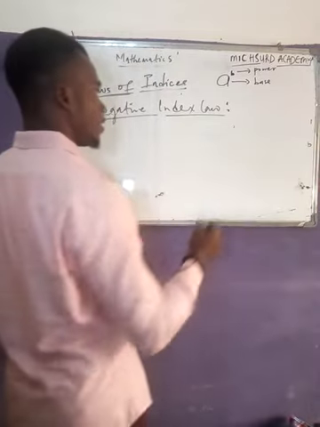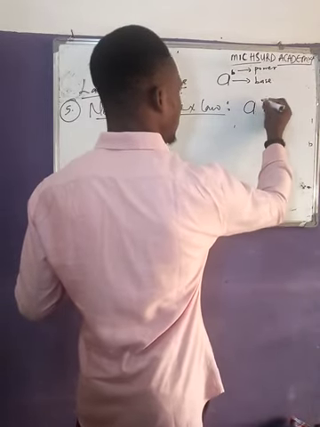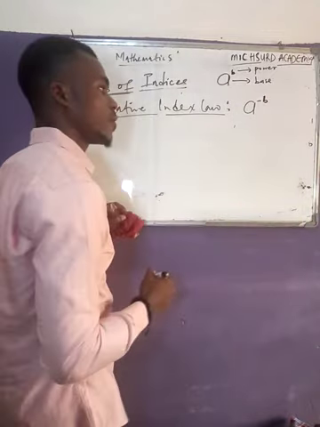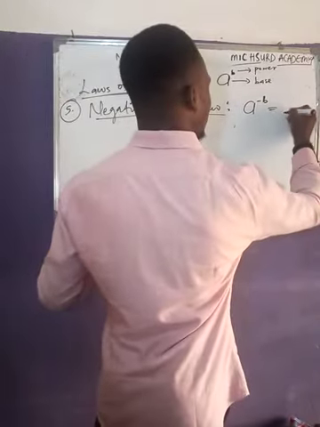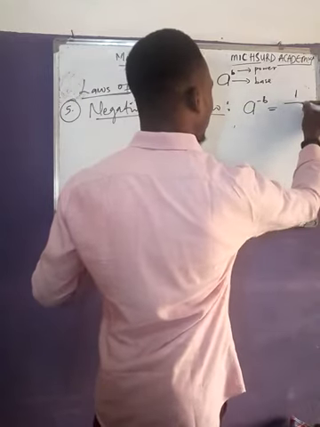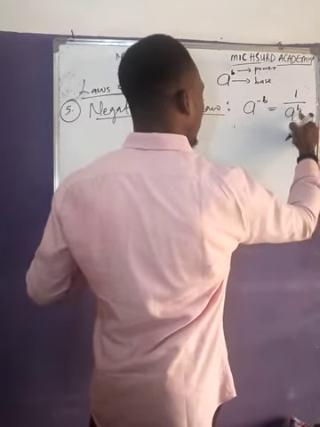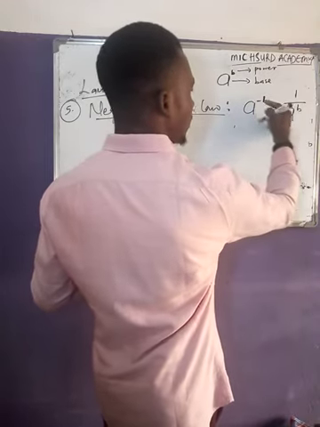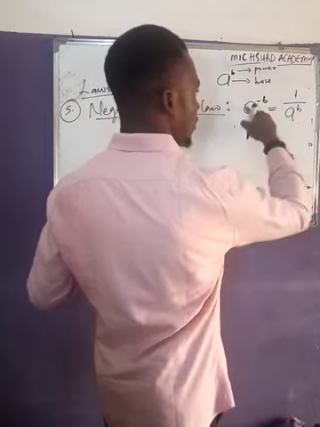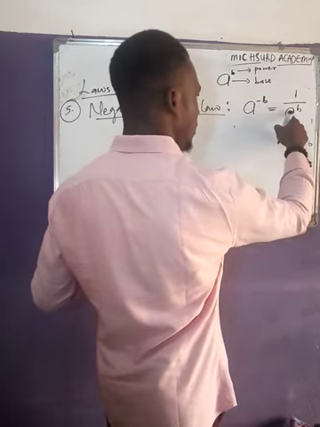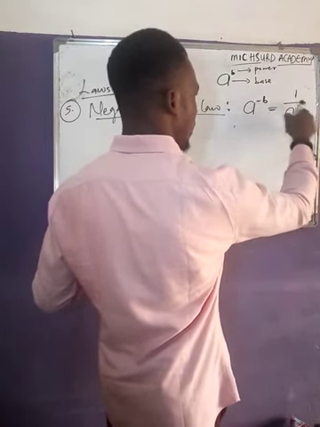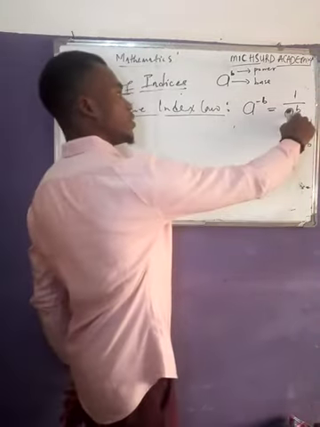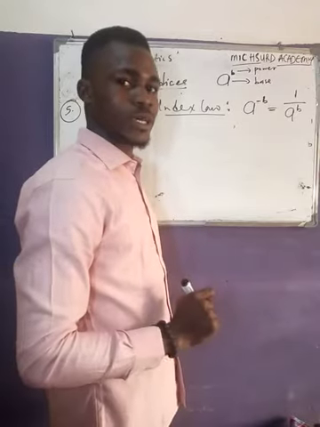Now for the negative index law, it says if we have a base that is raised to a negative power, this will be the same as writing 1 all over a raised to power b. So what happens is this minus here is giving us our 1 all over, then our base here is a, and our power there comes here, that is b. But this time the b is now what? Positive. Are we together? All right.